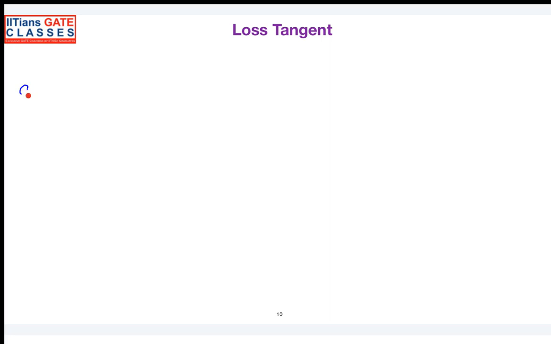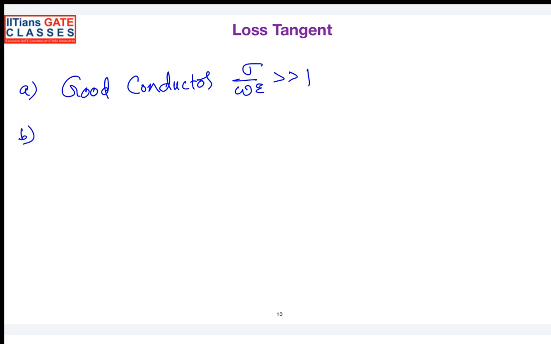Suppose I say a good conductor, the loss tangent will be much higher than 1. Of course, suppose in your exam they say it is an ideal conductor or a perfect conductor. For an ideal conductor, your conductivity is equal to infinity, which means your loss tangent is also infinity.